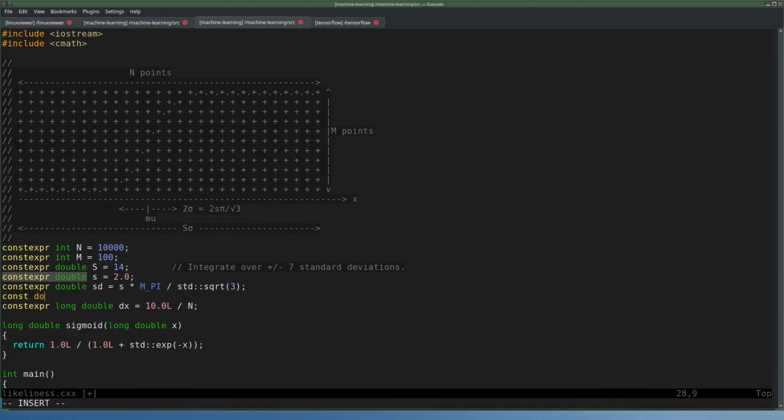Which means the total width is S times the SD. That's what we promised there.